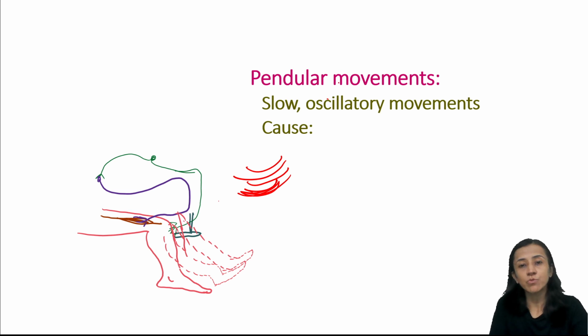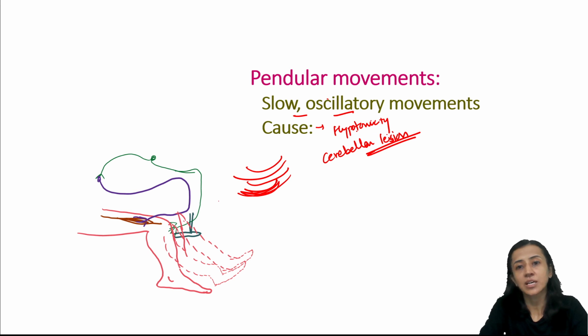So pendular movement means slow oscillatory movement when a person tries to initiate a tendon jerk. And what is the cause? Hypotonicity. Tone of the muscle is reduced, and commonly it is found in cerebellar lesion. Pendular movements are present in cerebellar lesion. So that is pendular movement.